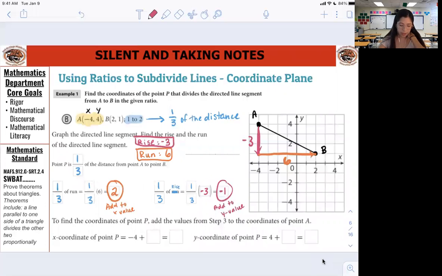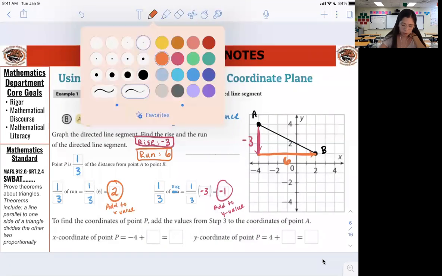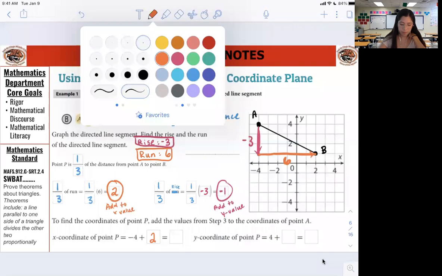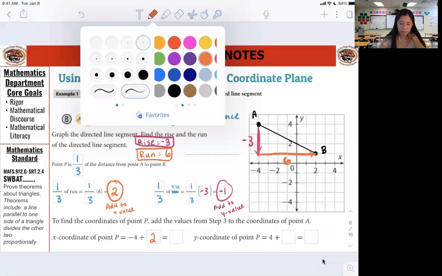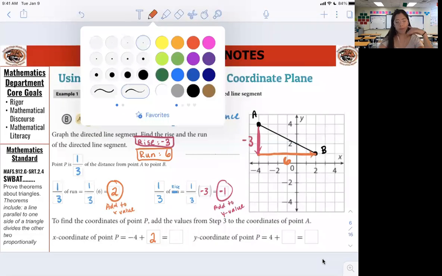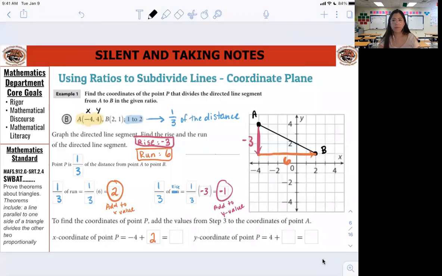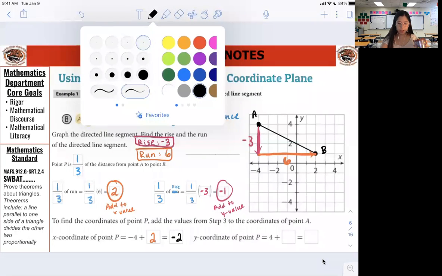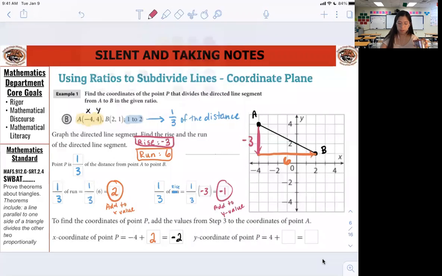So my x value was -4, so -4 plus 2, what does that give me? Good, that's -2. And then the y coordinate is 4, so 4 plus -1. What does that give me?